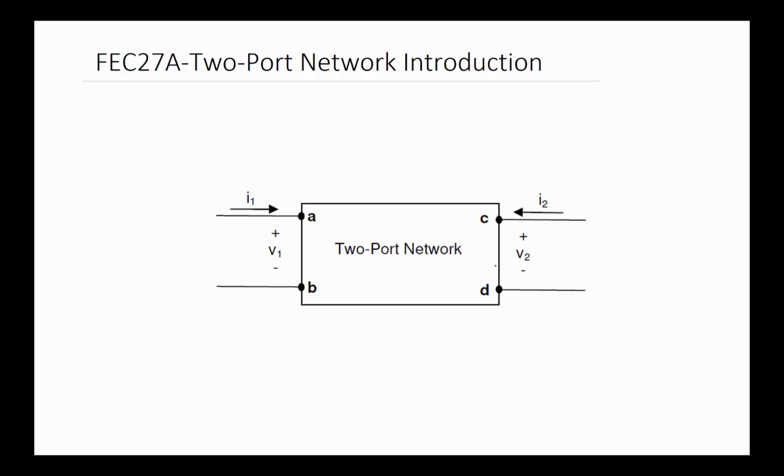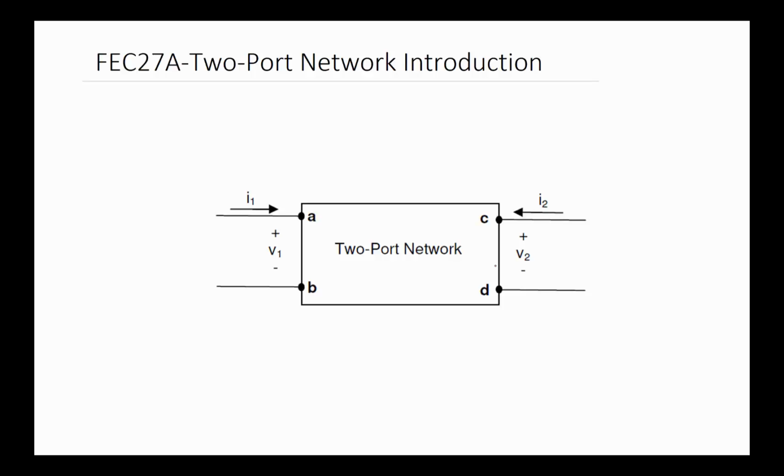We typically have 5 or 6 very common forms of this two-port network model. It is very heavily used to analyze various kinds of electrical devices, including filters, transistors, and all of those devices.